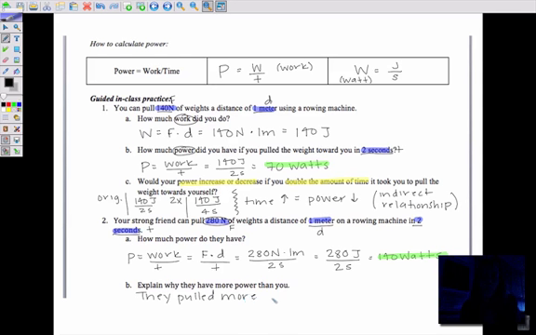And we learned in our third unit that weight is a force. So if they pulled more weight, that means they did more work. Which means they had more power.